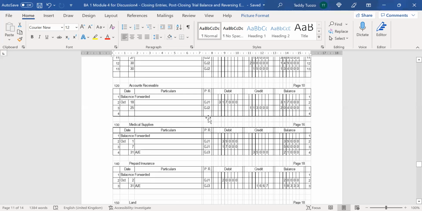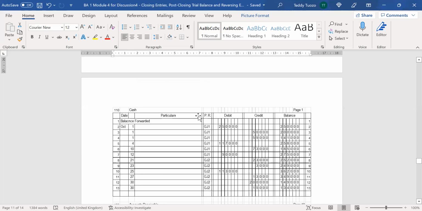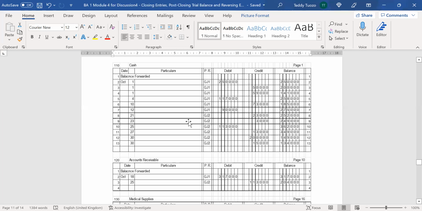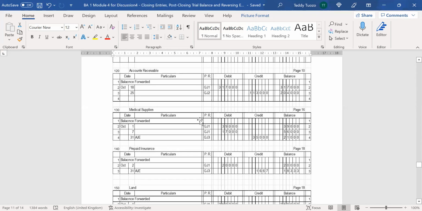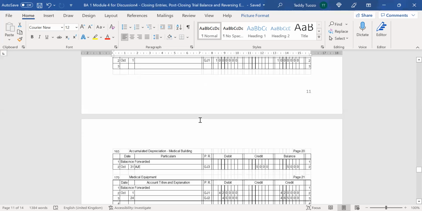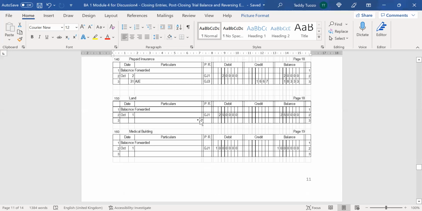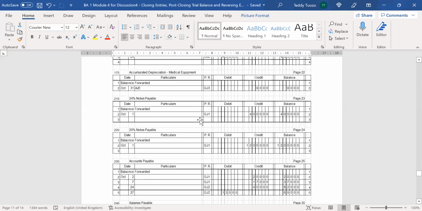This is the example of the ledger of Harvard Medical Clinic, or that of Marasigan Capital. I want to emphasize the closing entries and adjusting entries.